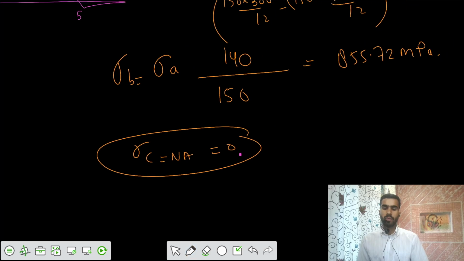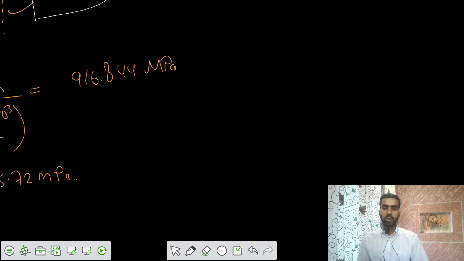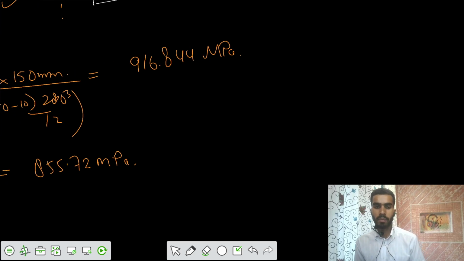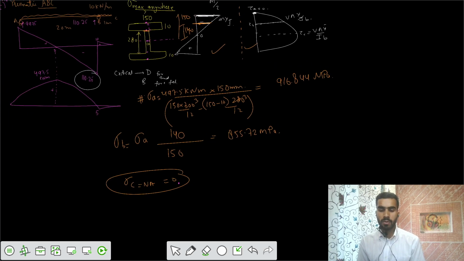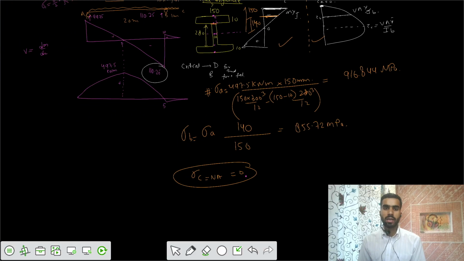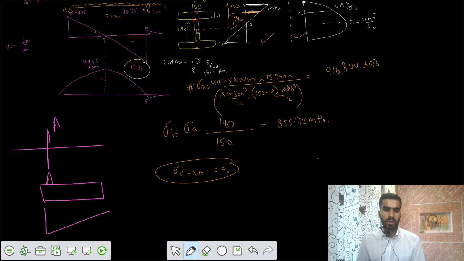Now we are talking about the shear stresses corresponding to the same section. See the difference between the previous problem and this problem. In the previous problem, when we cut section A, there was some shear force and some bending moment, and for the same section you calculated the stresses.